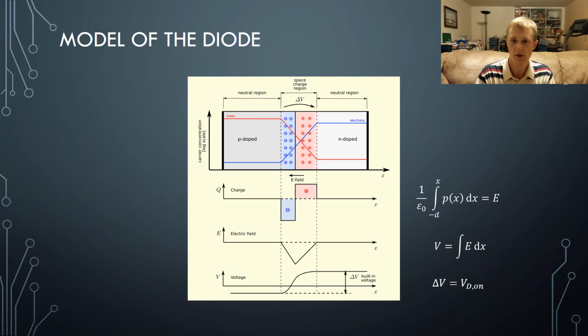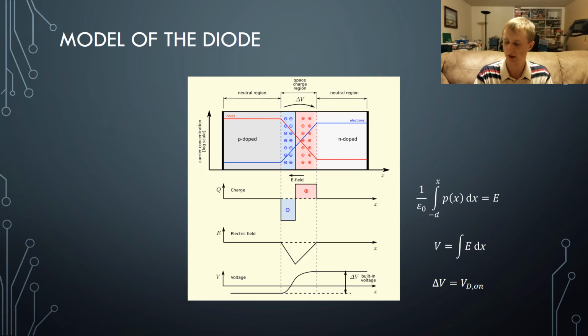When you put these two semiconductors together, a region forms in between them, where the two transfer between each other, called a depletion region. The voltage across this depletion region is what determines VD on.